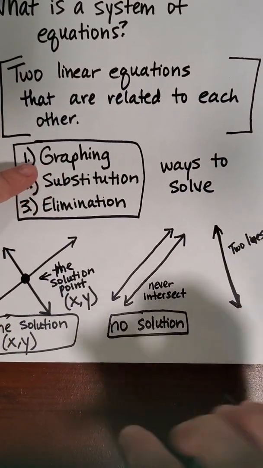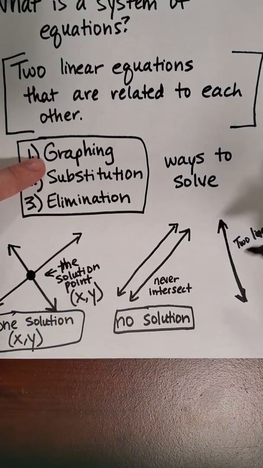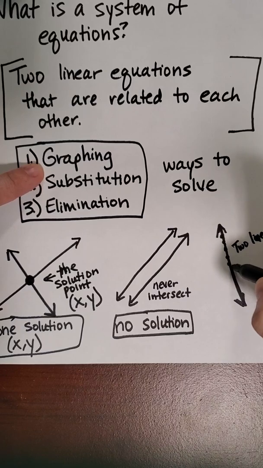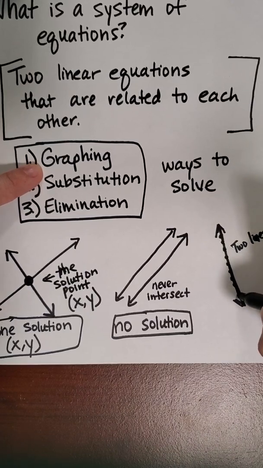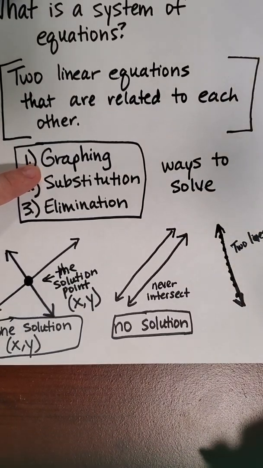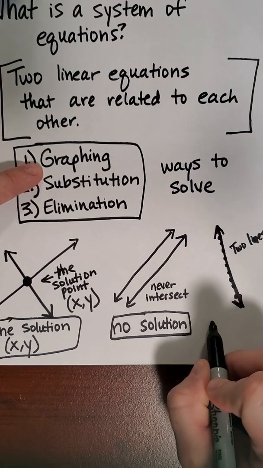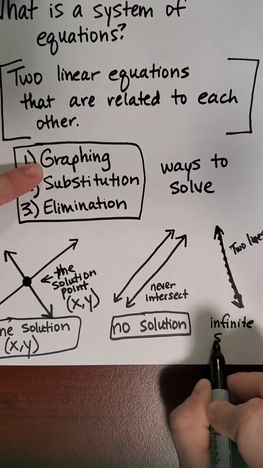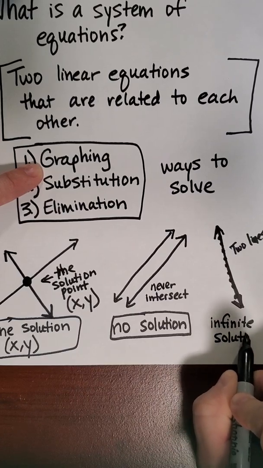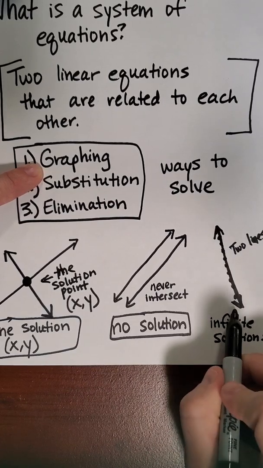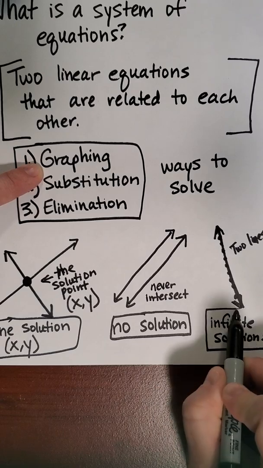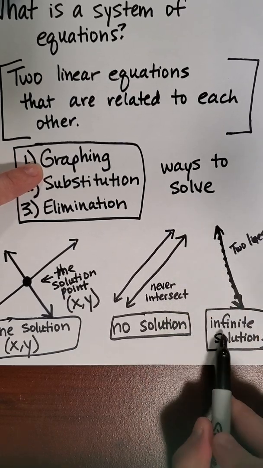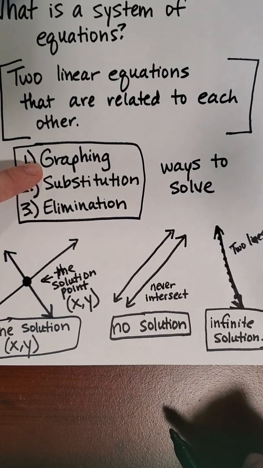So if I'm looking for points of intersection, that means that every single point on these lines would be your solution point. Well, I'm not going to list all of those options, so I'm going to write down infinite solutions. So if I ever come across a line that is graphed on another line, that the two equations are the same, that would mean that they have infinite solutions.